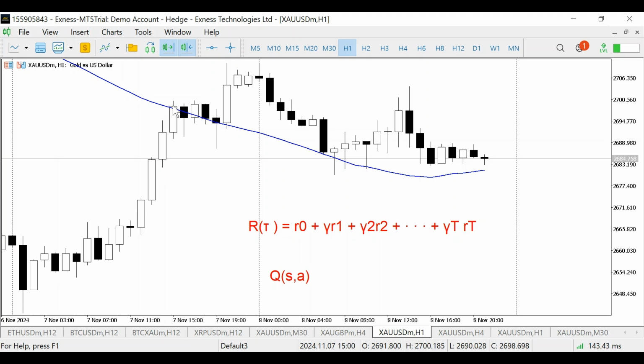And as in the previous video, I had told you that our episode will be something like 10 candles. If we don't achieve our target, then we close the trade. So there are two possibilities: either the stop loss gets hit, or the target is hit, or 10 candles are reached.